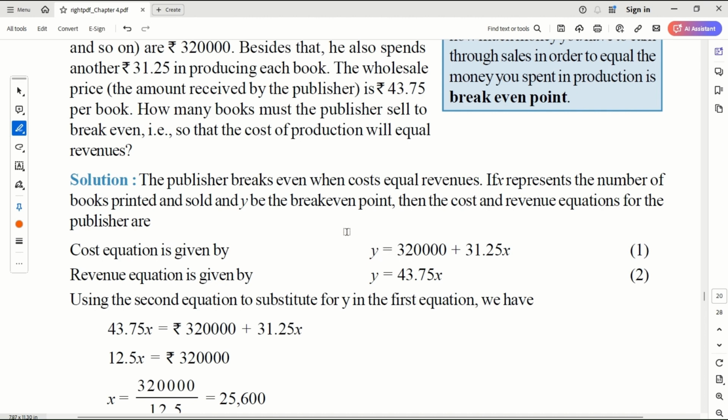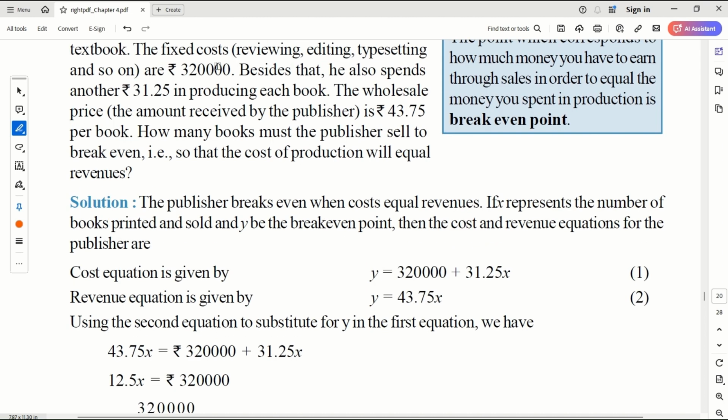Y is equal to his fixed cost, which is 3,20,000, plus 31.25 for each book as the variable cost. So total cost is Y equal to 3 lakhs 20,000 plus 31.25 X.